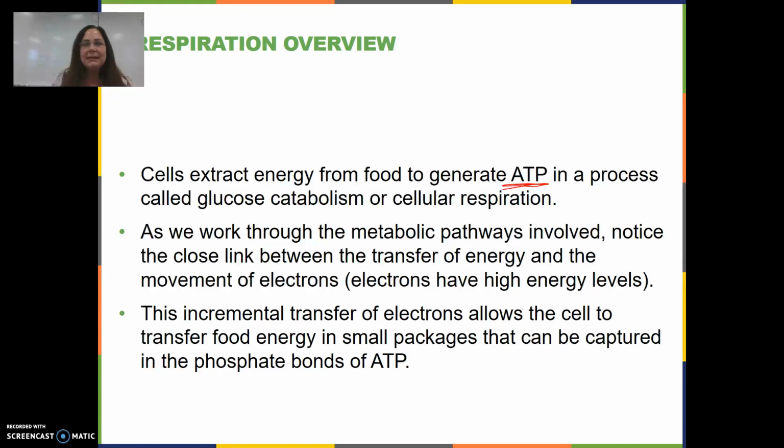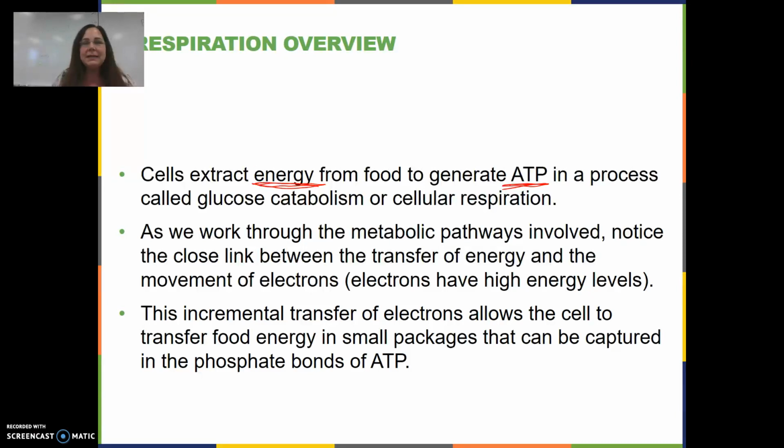But ATP is like the money or the currency that our cells use when our cells need to buy energy. So ATP is the currency that our cells use for energy. And the more ATP that your cells produce, the more energy that your cells have.